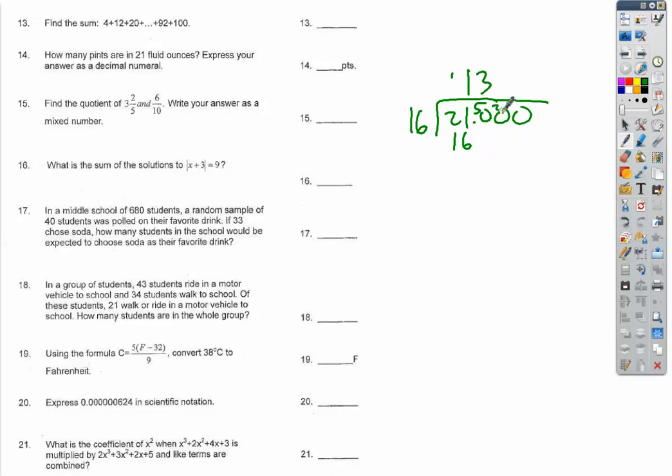So 16 goes into 20 once with 4 left. That goes into 40 twice. That's 32. So I have 8 over here, and 5 times 16 is 80. So here's my decimal place. So the answer is 1.3125. And there you have it.